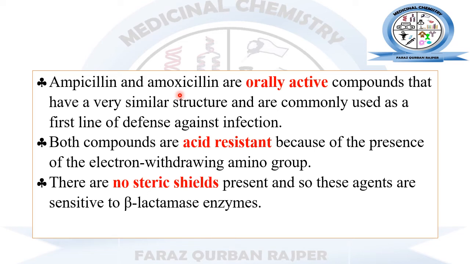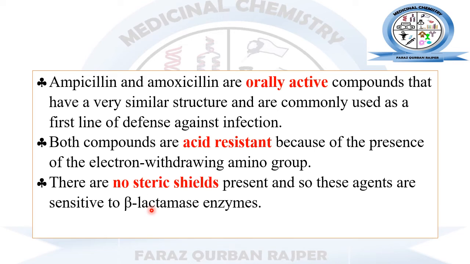So both of these penicillins are acid resistant because of the presence of these electron withdrawing groups, but at the same time they are sensitive towards the beta lactamase, or what we say penicillinase enzyme, because there is no bulky functional group present in the acyl amino side chain of ampicillin and amoxicillin.